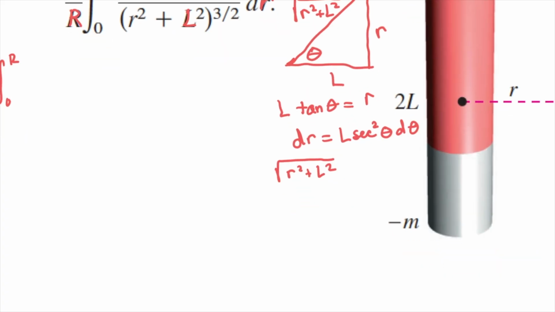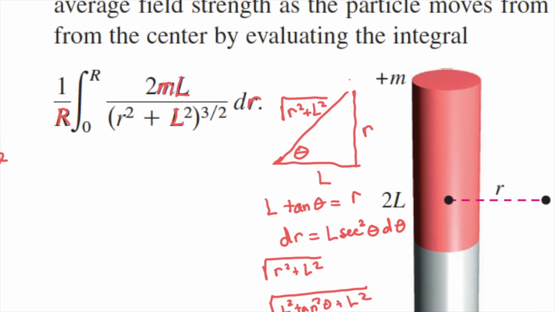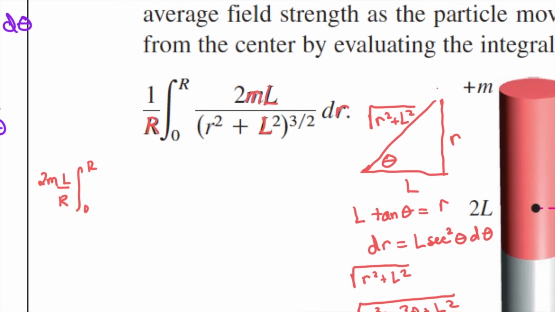And when we do our substitution, your r squared is going to be l squared tangent squared theta plus l squared. Factor out my l squared. I'm left with the tangent squared plus 1, which is secant squared. So I've got secant theta. Go back to my problem. I'm ready for that substitution now.